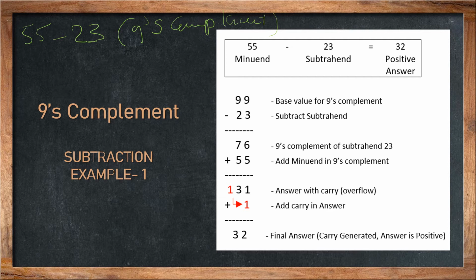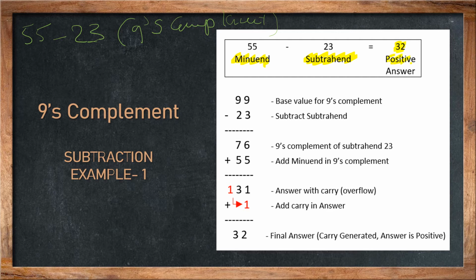First, identify the minuend and the subtrahend. Here 55 is the minuend and 23 is the subtrahend. We know very well that 55 minus 23 gives 32, and this 32 would be positive, right?